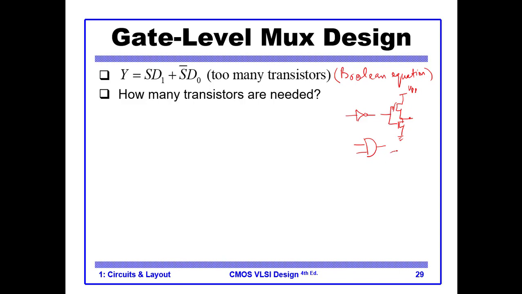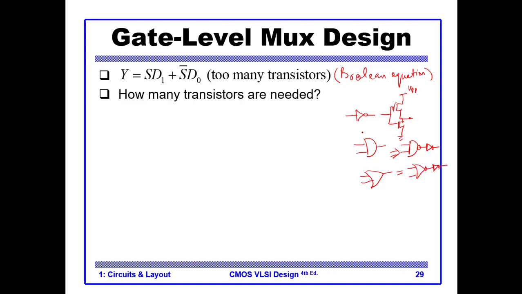What we have is a NAND gate and we have to put an inverter in front of it. Similarly, we don't have an OR gate. What we have is a NOR gate followed by a NOT gate.